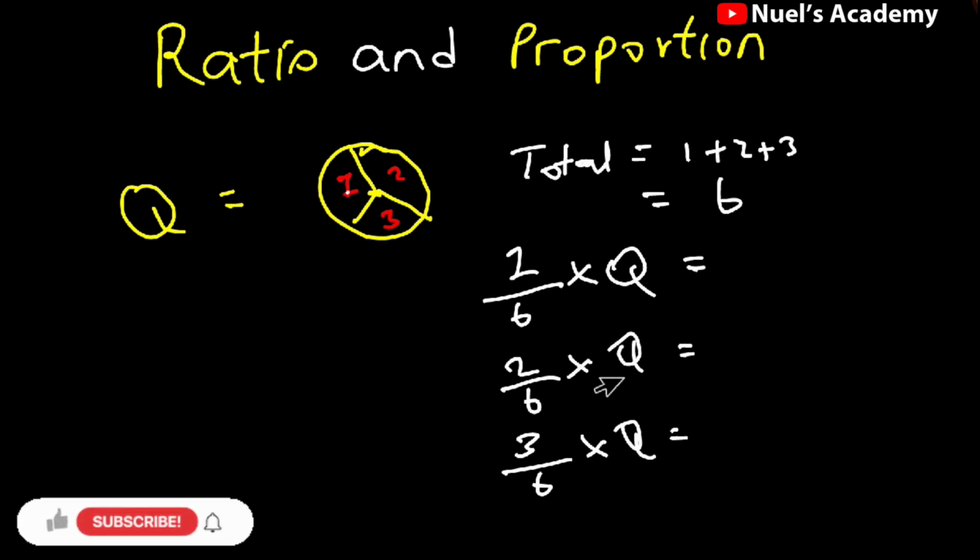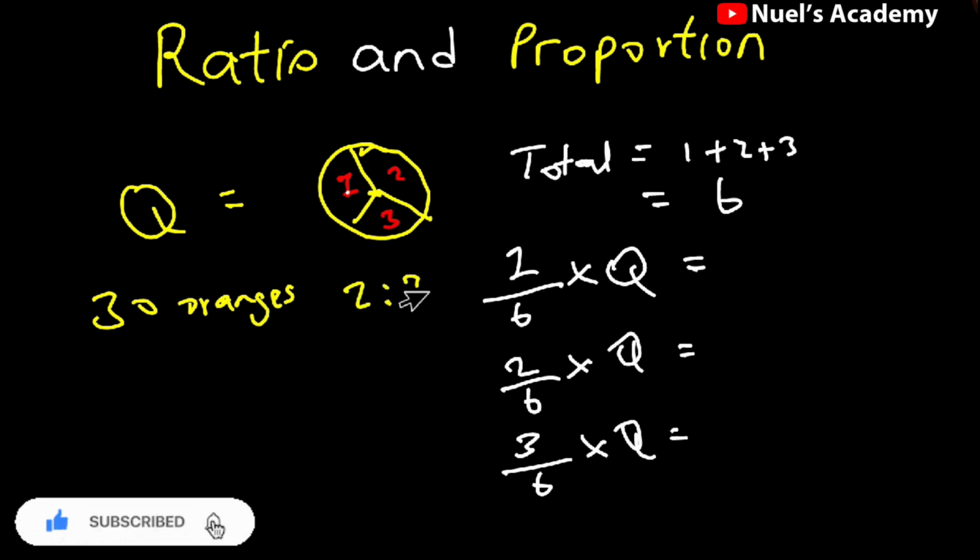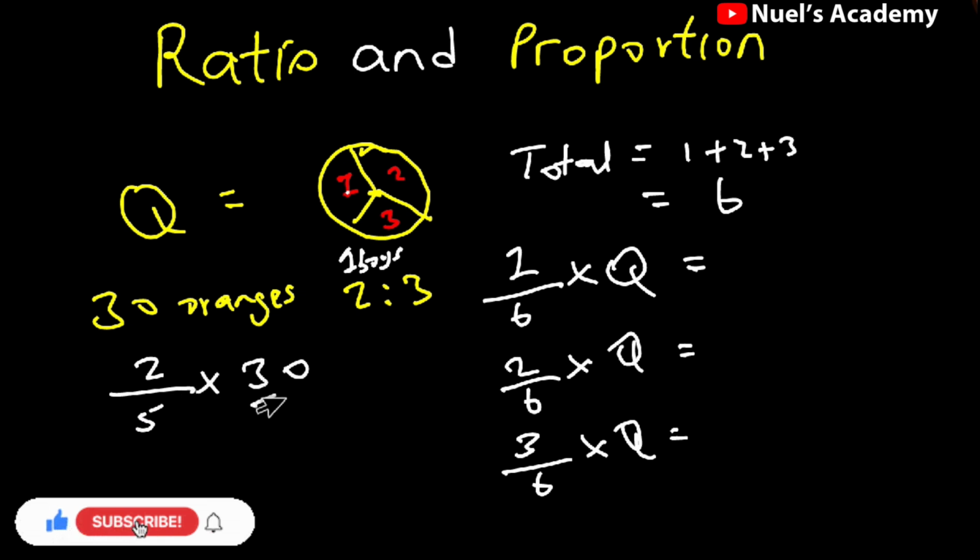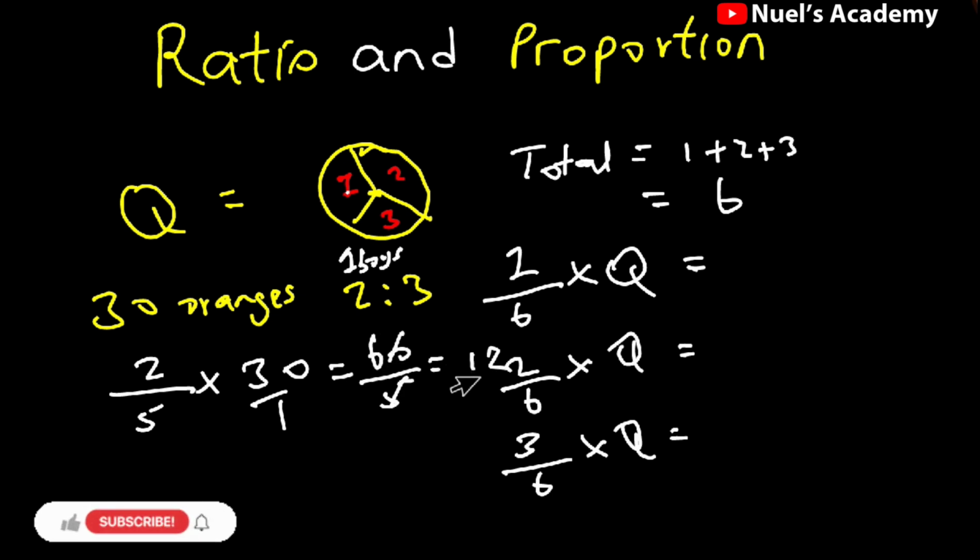To give an example of this, let's assume that 30 oranges are shared between two boys in the ratio of 2:3. Now to find the number of oranges that the first boy collected, it is going to be 2 over the total ratio, which is 5, times the number of oranges, 30/1. So 2 times 30 is equal to 60/5. Then 60 divided by 5 is equal to 12.